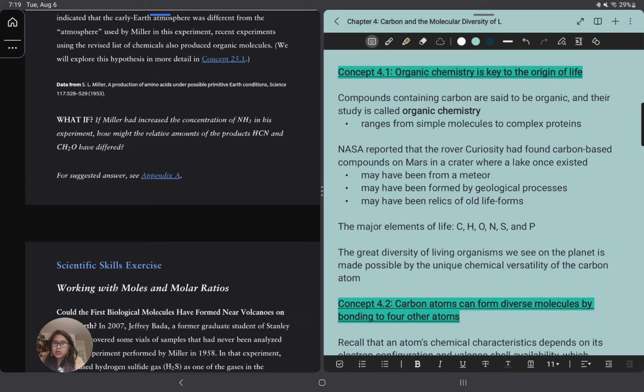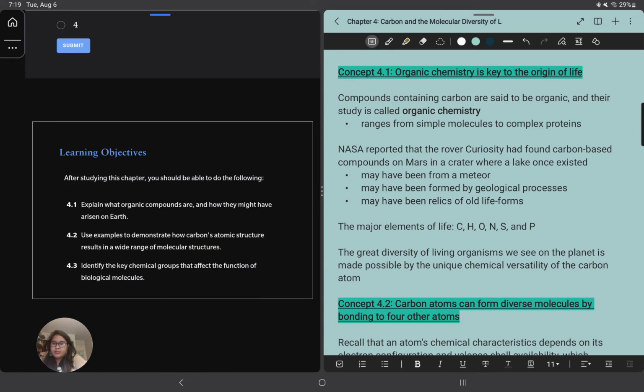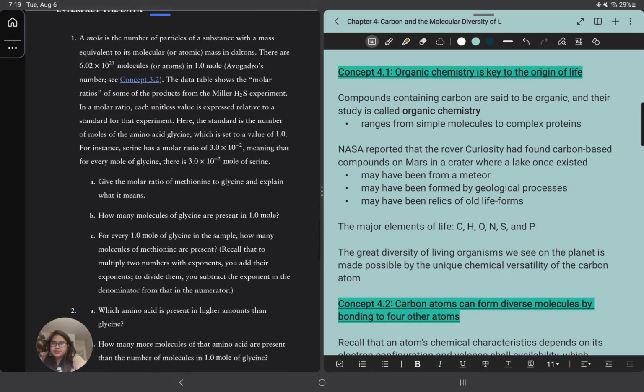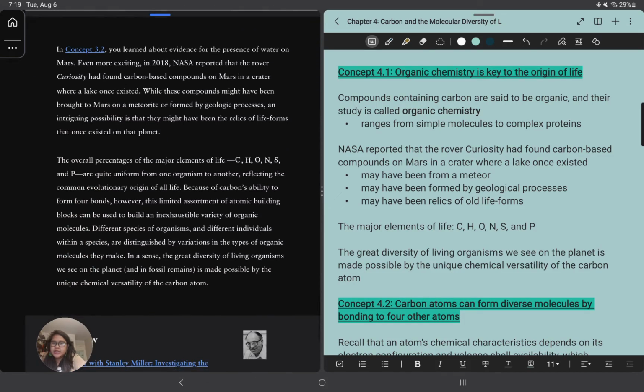There's more hydrogen. There would have been more HCN. I don't know. I think that's what the answer is. We're not going to go through this.